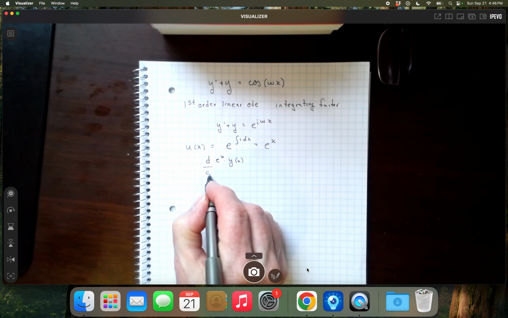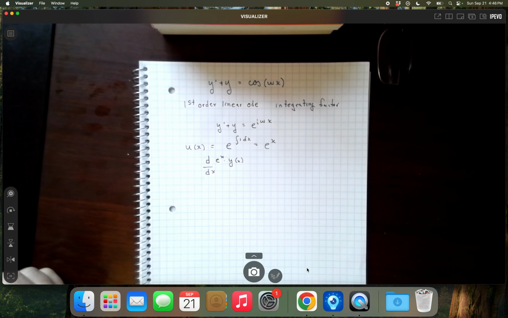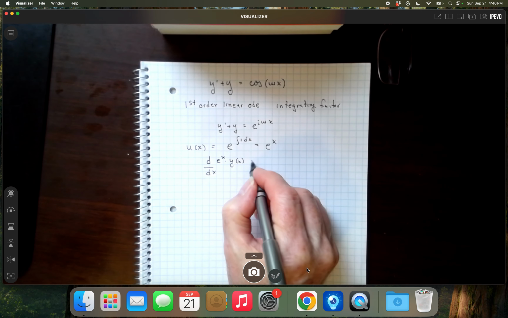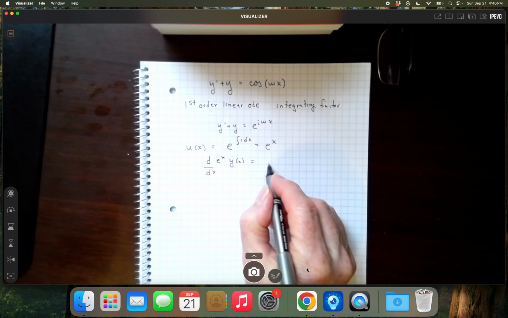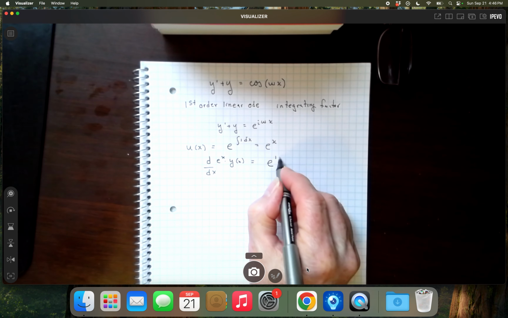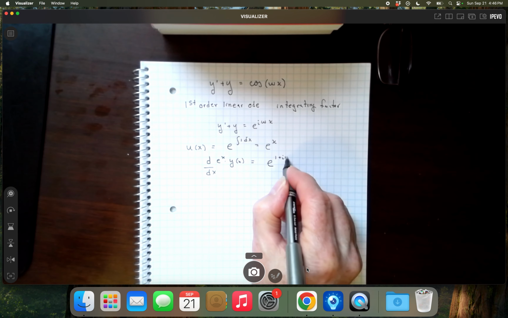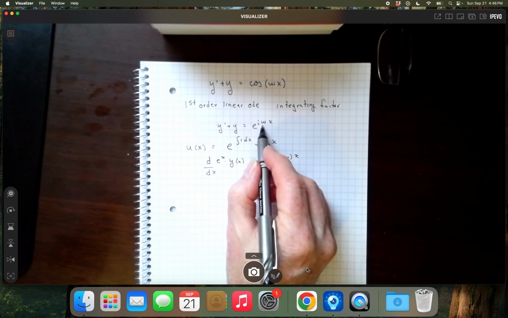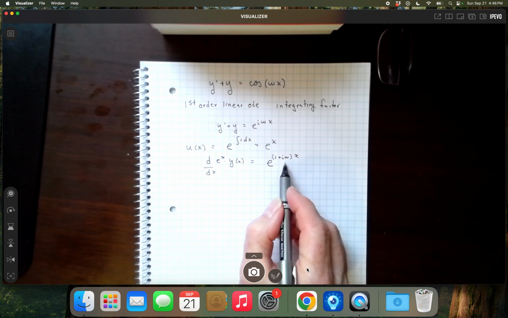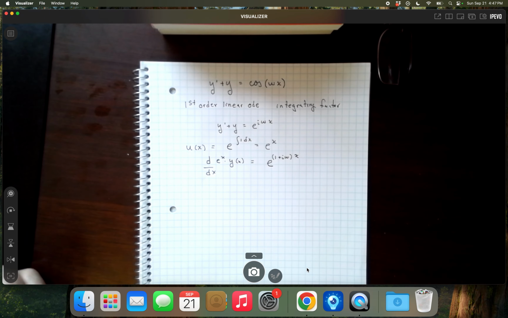The derivative of that product. And the right side, we'll take this and multiply by this. So it's going to become e to the (1 plus i omega) times x. I went ahead and combined these two exponentials like this.